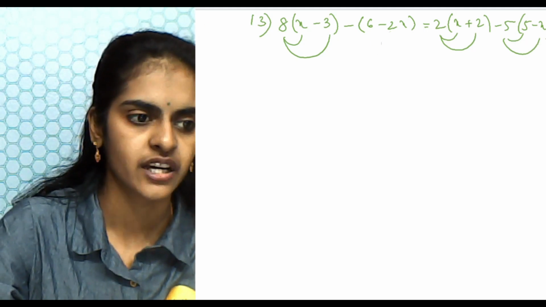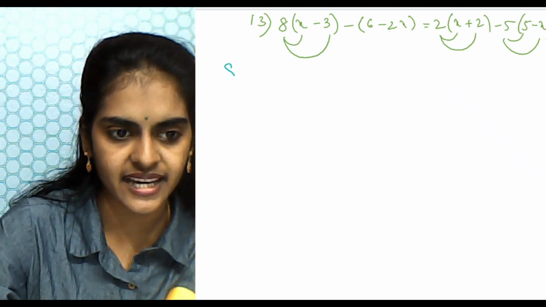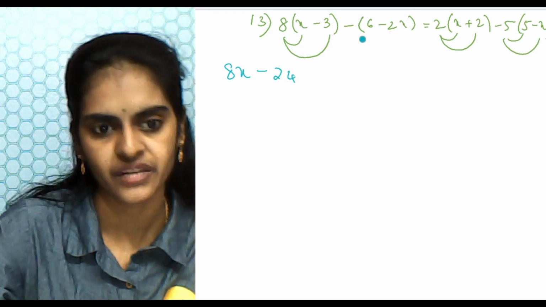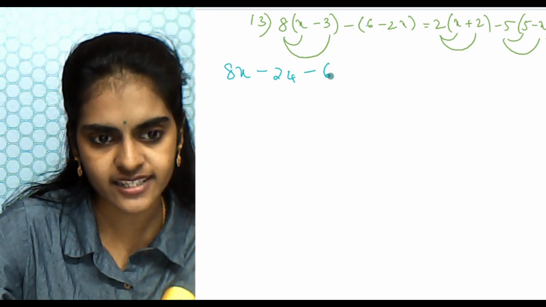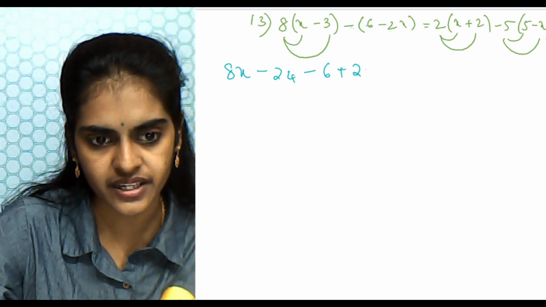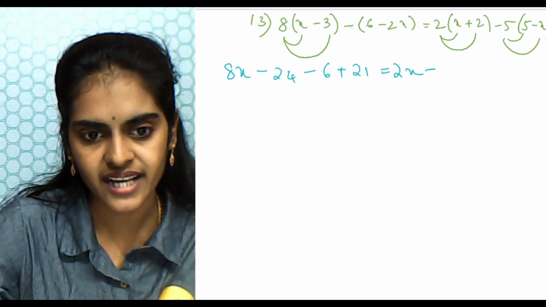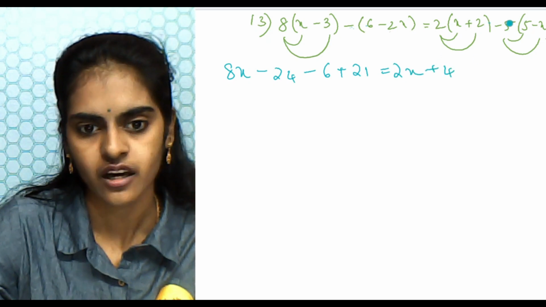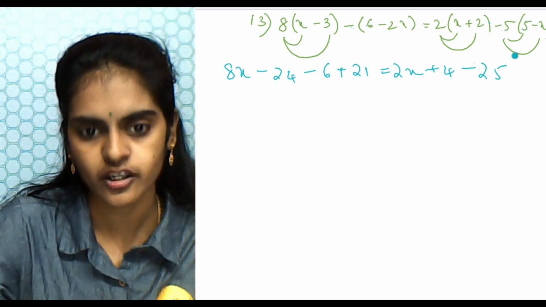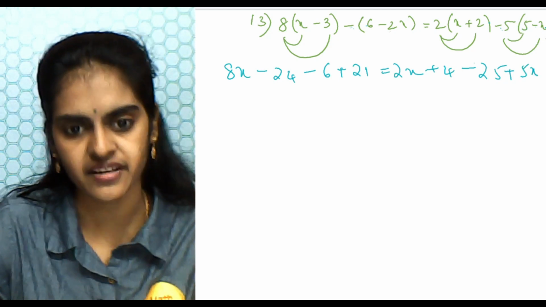So what will you get? 8 multiplied by x is 8x. You have minus 8 threes are 24. Minus 6, opening this bracket, it is minus 6. Minus into minus is plus 2x. This is 2x plus 2 twos are 4. This is minus 5 fives are 25. Minus into minus is plus, 5 into x is 5x.